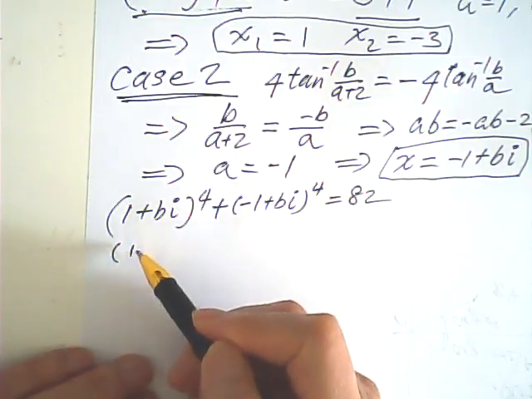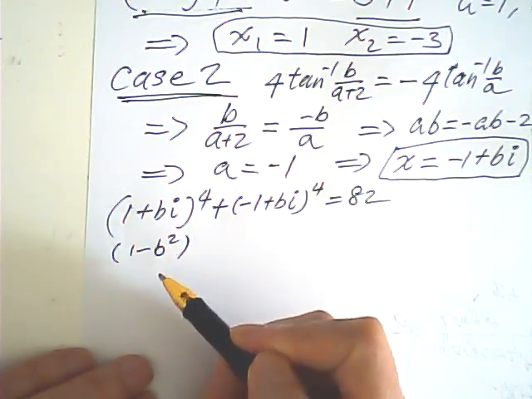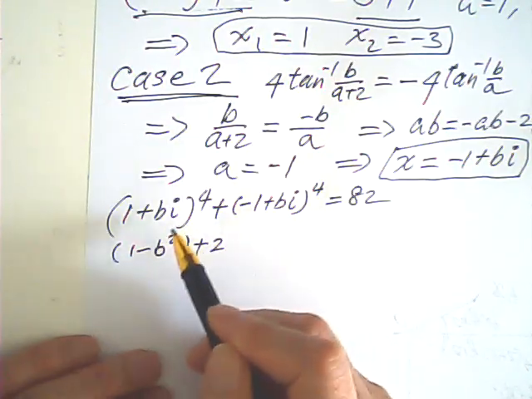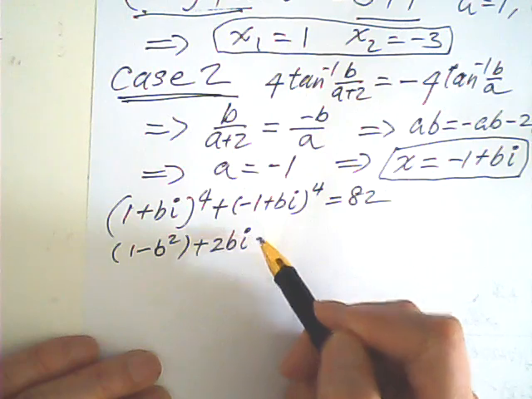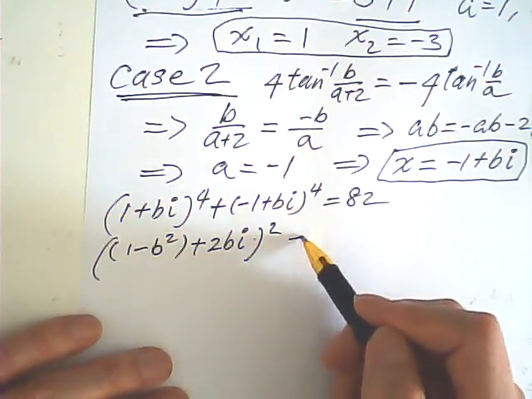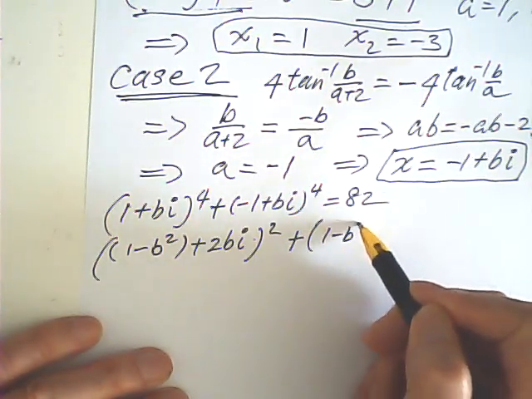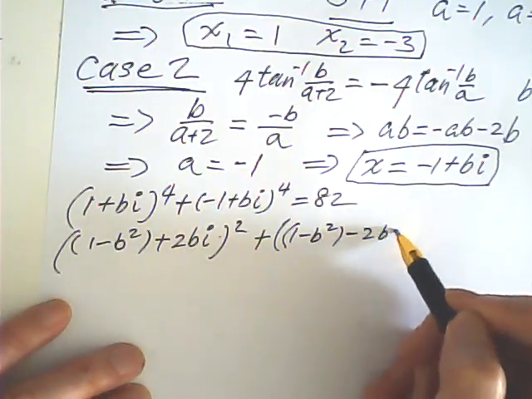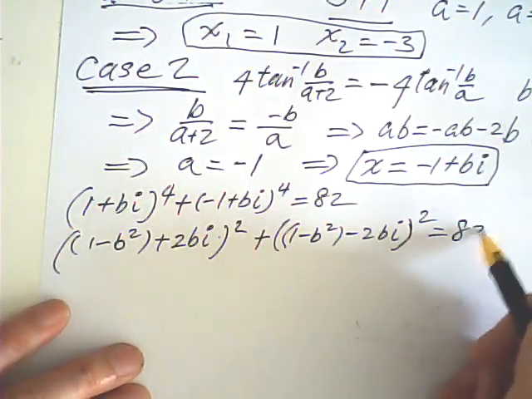This is equal to 1 minus b square, plus 2bi, and we square this one, plus this one, which is 1 minus b square minus 2bi, squared, is equal to 82.